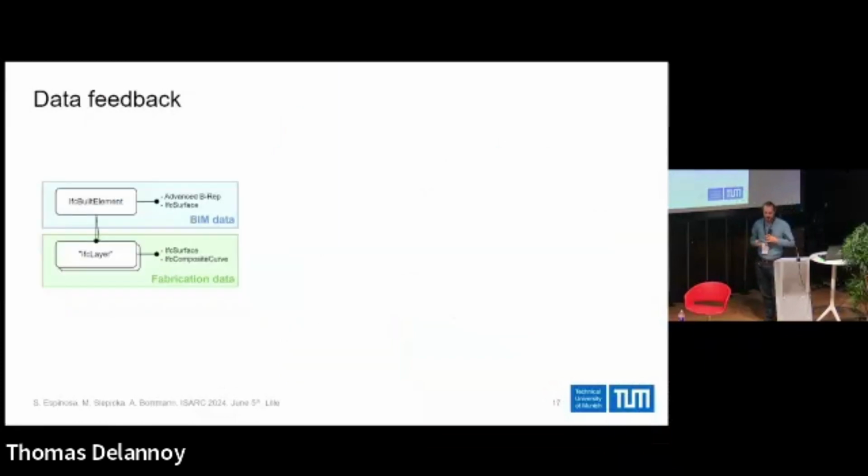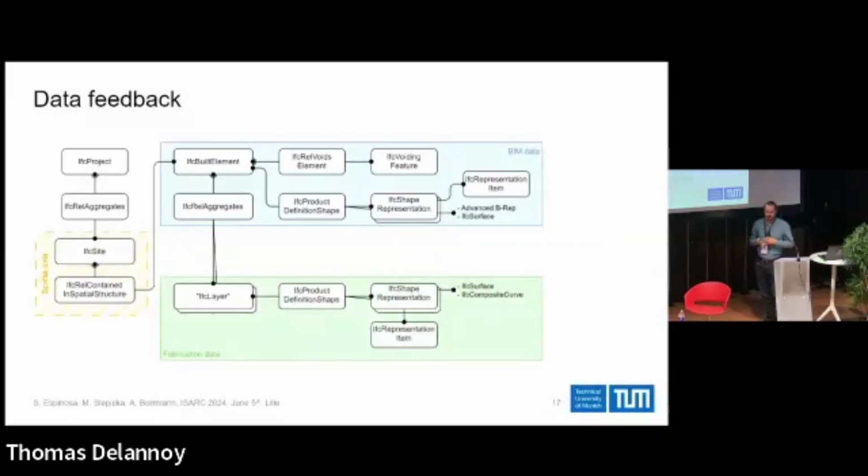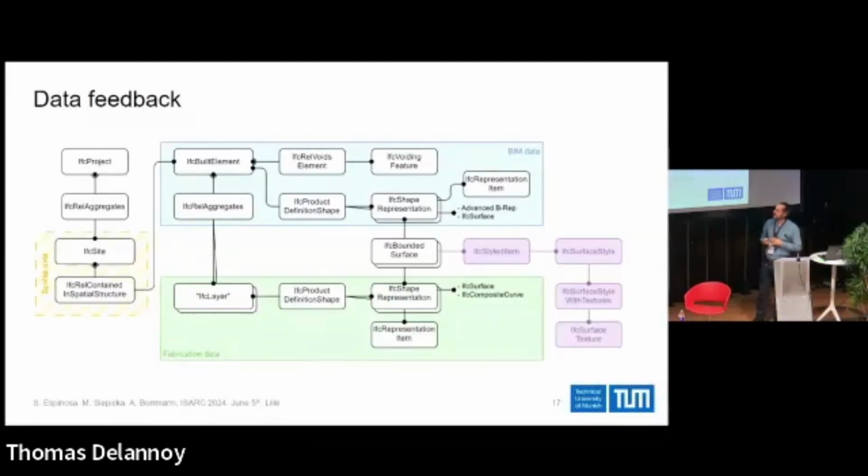So how do we feed back the information? As I said, we create a deviation map, and we can link that to our data structure as a texture to the respective surface. And we can link the data if we do layer-wise quality control, or if we do a quality control at the end, to the boundary representation.